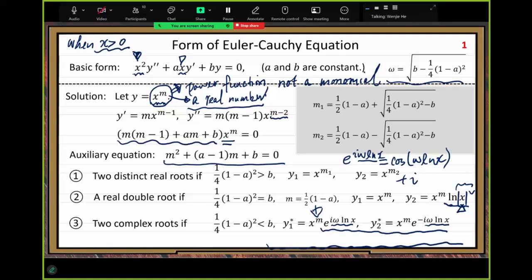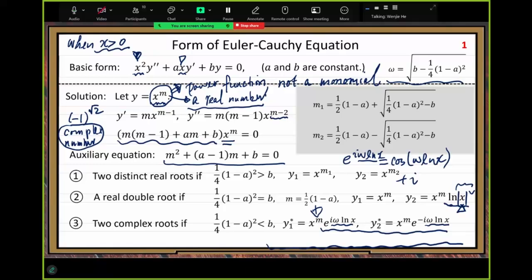For example, we can consider negative 1 to the square root of 2. If you have this one, this is a complex number. So that means for a power function, if you allow x to be a negative number, then you need to consider a complex function.